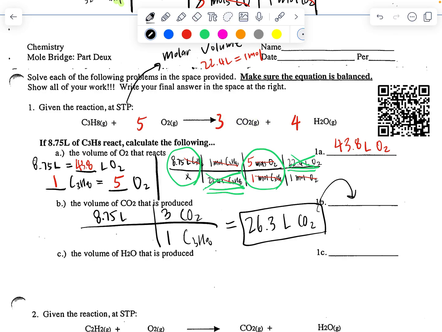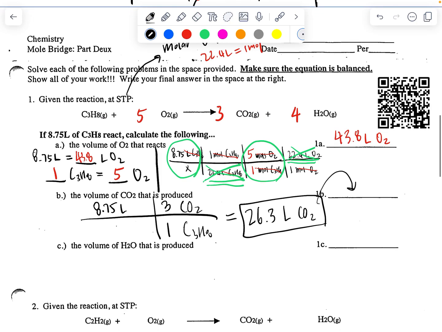All right, let's go ahead and clean that up a little bit and try the last question here together. So the given amount is 8.75 liters of C3H8. Let's go ahead and highlight that. So I'm going from here to H2O, water. Okay, so what's the ratio between them? It's a 1:4 ratio, right?